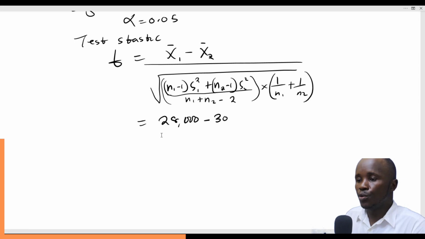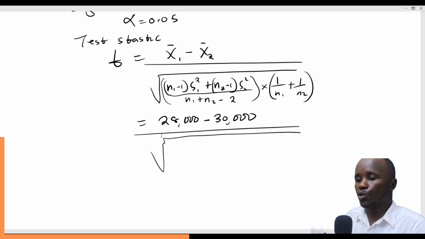In this case, our mean 1 is 28,000 minus our mean 2, which is 30,000, divided by the square root. How many samples were taken for the first one? Let's go back to the question.